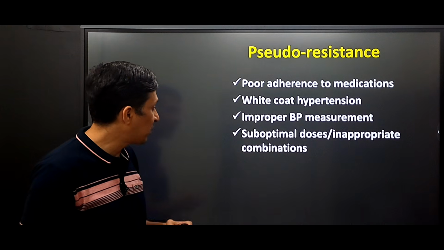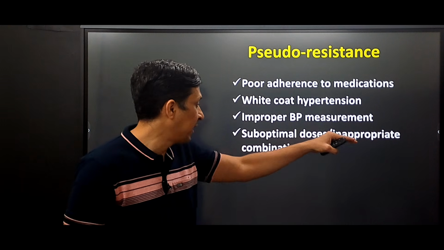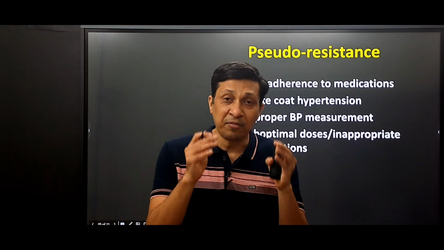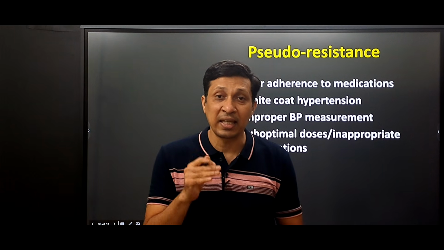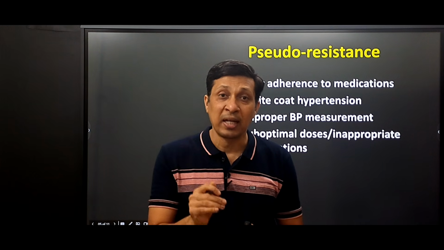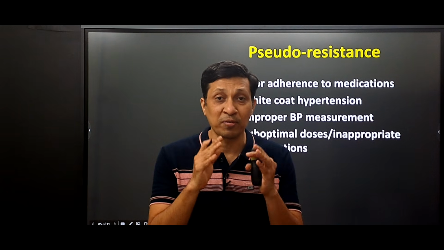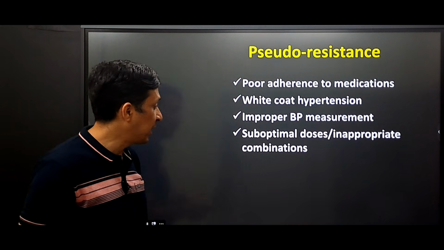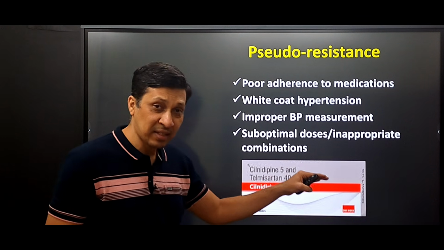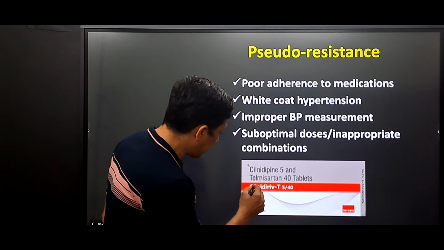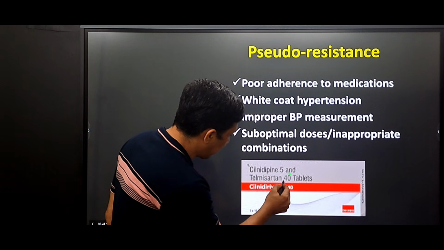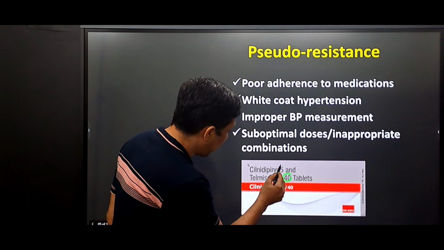And the fourth cause can be suboptimal doses or inappropriate combination. If the drugs that the patient is taking are at suboptimal doses, then that can also be a cause of pseudo-resistance. Sometimes inappropriate combinations are seen. Here the combination is proper, but as you can see, the dose of telmisartan is 40 and the cilnidipine is 5.